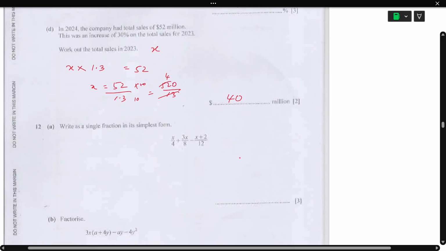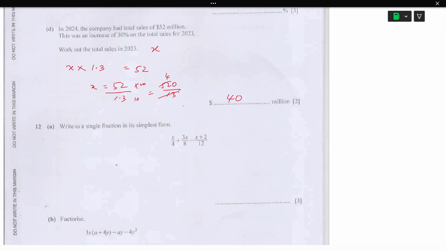Next one, write as a single fraction in its simplest form. First we'll make the denominators equal. 4, 8 and 12, so the LCM is going to be 24. So for 24, we need to multiply the first term by 6, so 6x, plus the second term by 3, which is 9x, and minus, for the third one we have to multiply by 2, into x plus 2, which is equal to 6 plus 9, so 15x, minus 2x minus 4 over 24.